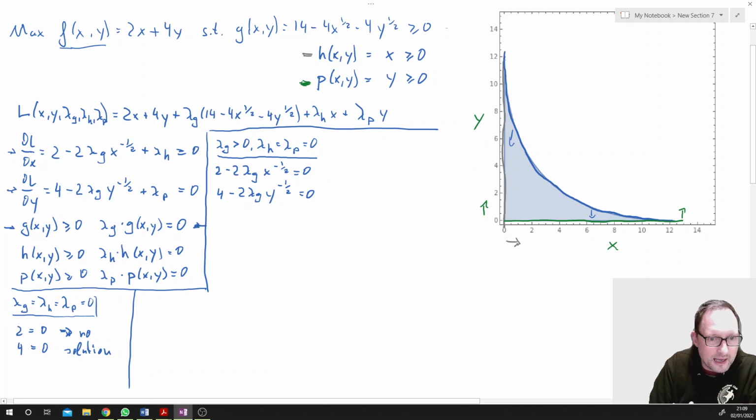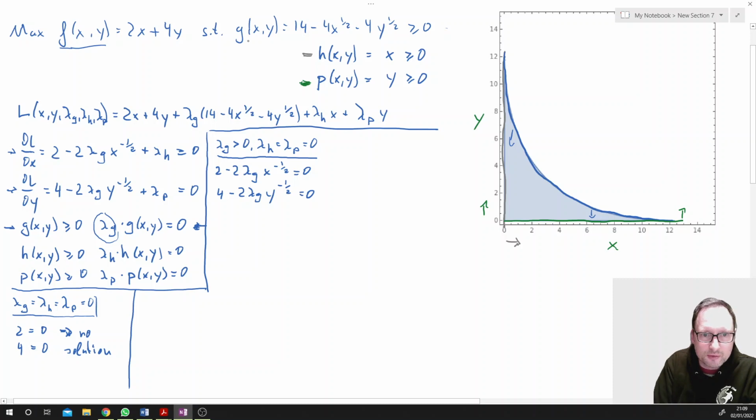Okay, and in particular from this part, if we set lambda g to larger than 0, so if this part here is larger than 0, then we know that for the product lambda g times g to be equal to 0, g needs to be equal to 0. So from our inequality constraint, we are only looking at the equality, and graphically we are looking for values on the line.